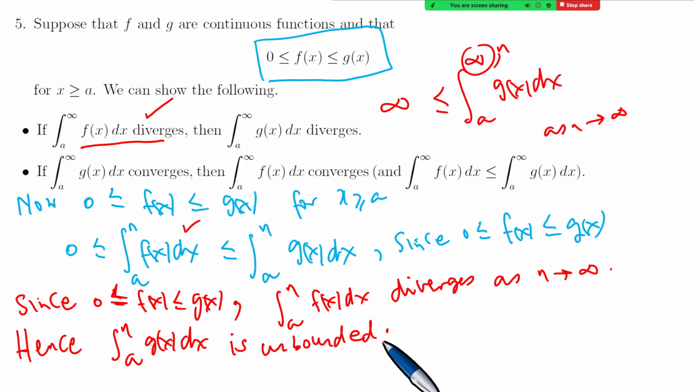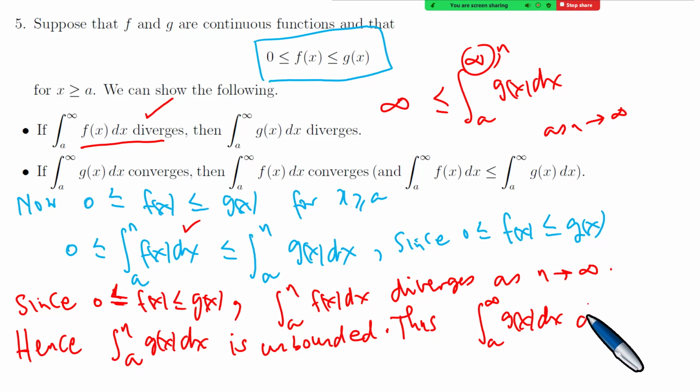Thus this integral from a to infinity of g of x dx diverges. The fact that it's greater or equal to infinity means that it is unbounded. You can say it is unbounded as n approaches infinity.